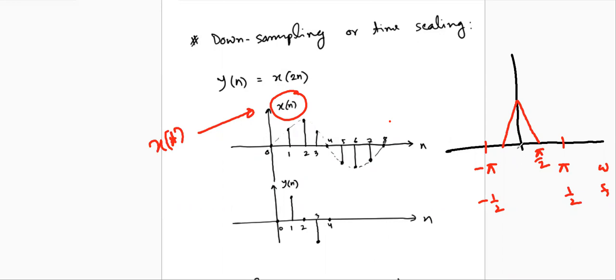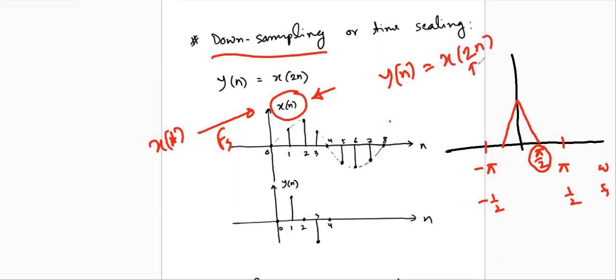At this moment, what we are believing is that in the xn, we have a lot of frequency components starting from 0 to some maximum value, and you sample it with a common sampling frequency, and you got the maximum value at pi/2. Okay, pi/2. Now, what you have done, you are taking yn, that means you are doing the downsampling with a factor of 2n, that means with a factor of 2.